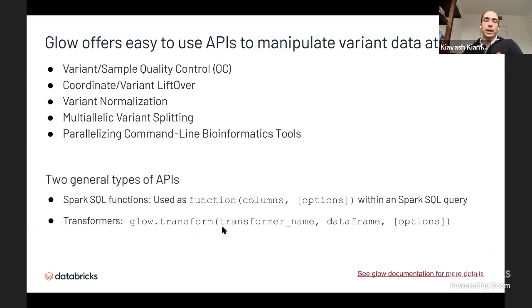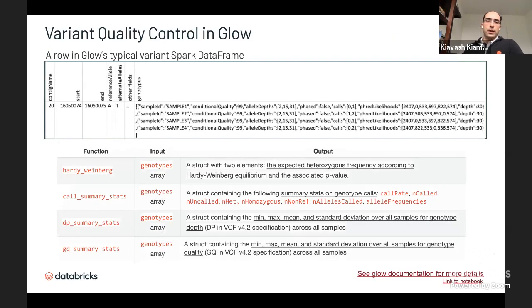The concept of a transformer is that you provide a transformer name, the input data frame, and some options, and what you get is an output data frame that is the result of applying this transformation on the input data frame. So please have these two formats in mind as we talk about some of these features in the rest of this presentation.